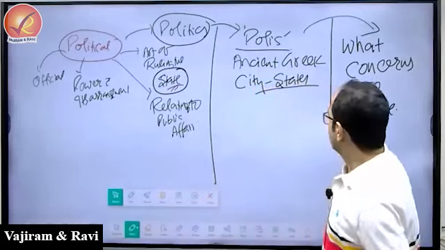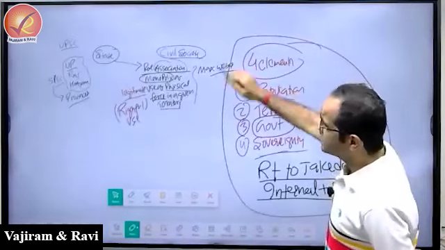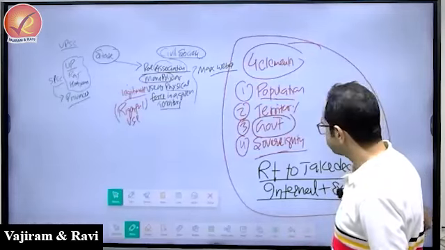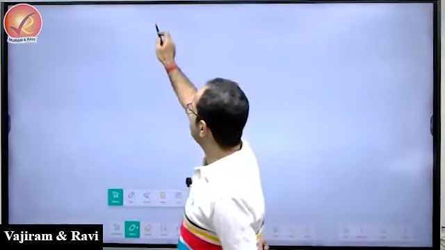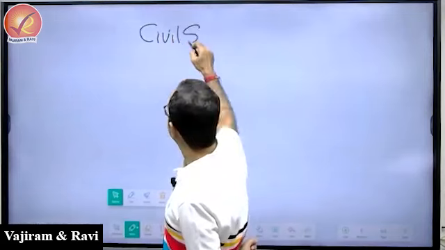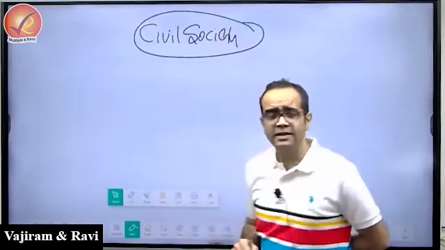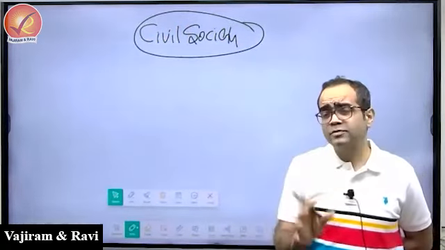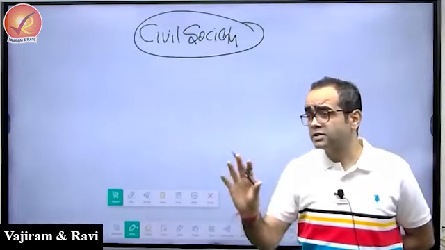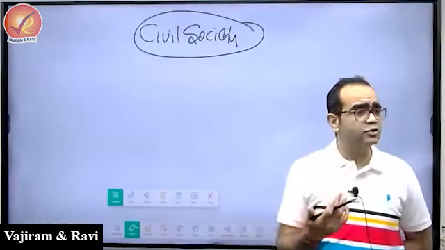Now, coming to what civil society is, you have to understand. Civil society is a term which you will find in newspapers also. It is said, the stronger the civil society, the stronger the democracy in a country. What is civil society?